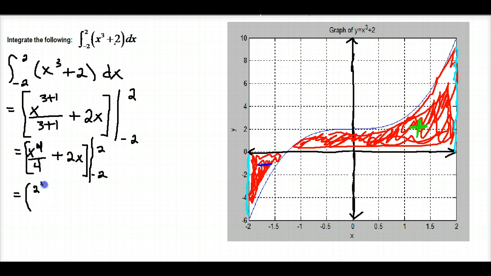So it'll be 2 to the 4th power over 4 plus 2 times 2. And then we say minus, and now we plug in a -2 into the function.